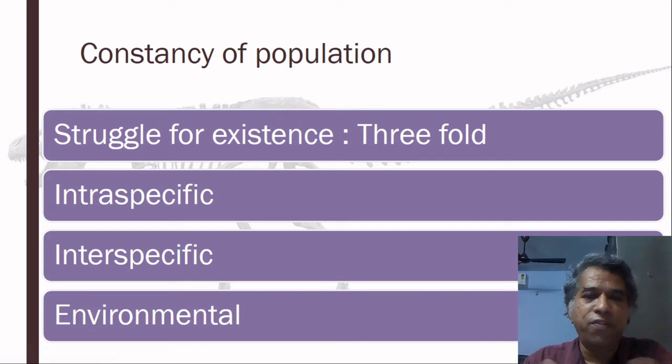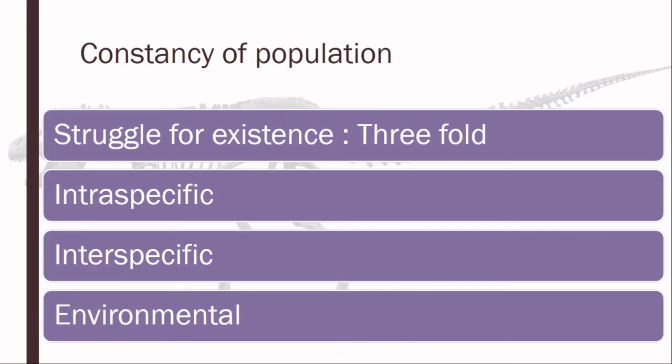For example, if you take the present situation, today we are facing one pandemic in the form of COVID-19. This COVID-19 is acting as a check on human population. So like that, there are various factors that check the populations of animals and also human beings.